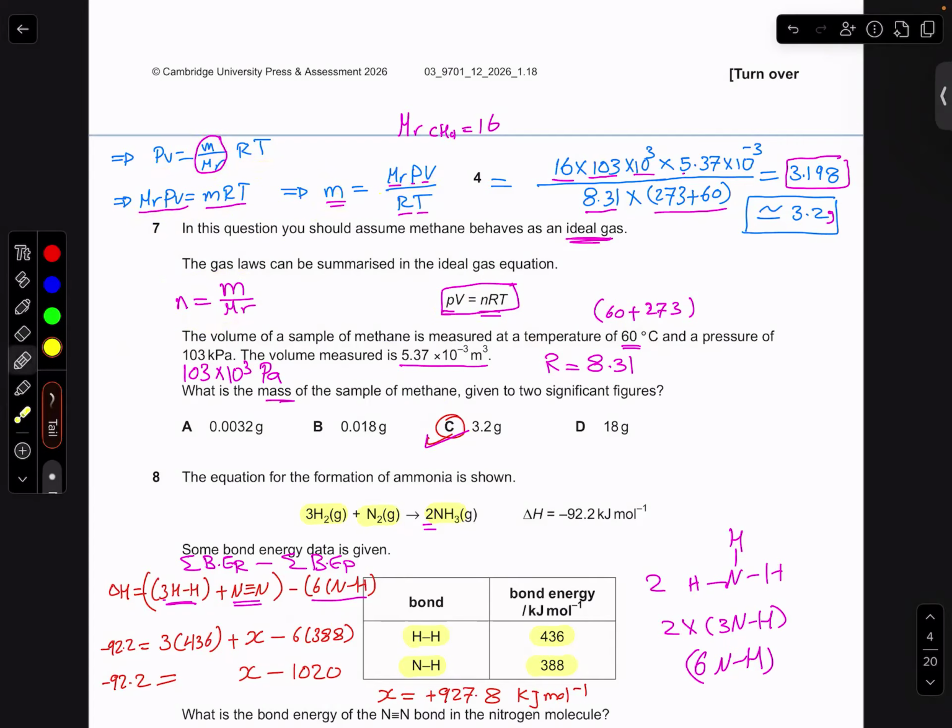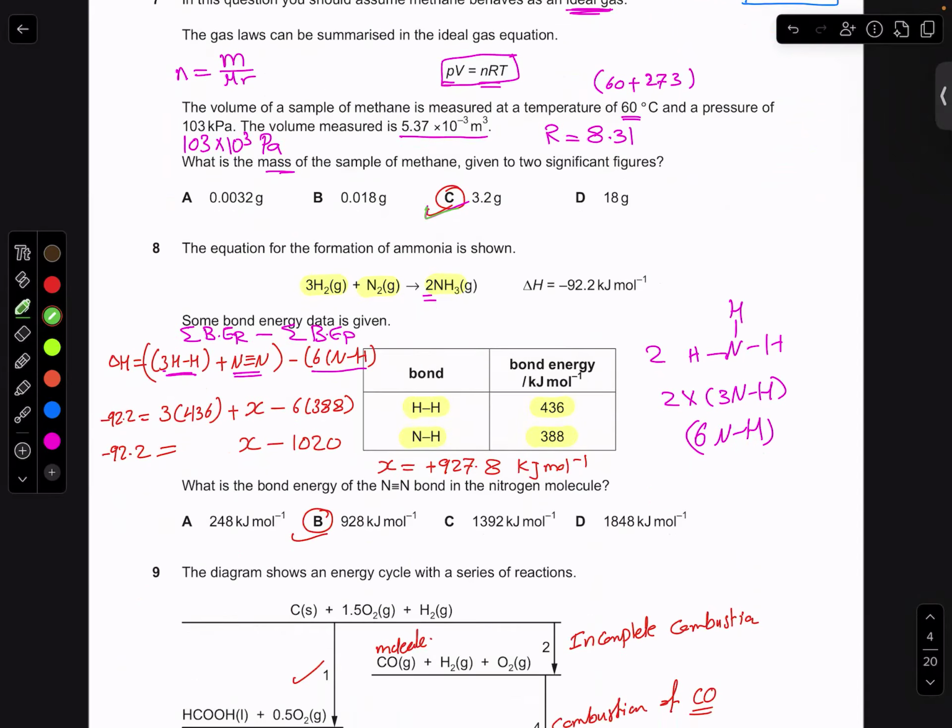Just substitute: 16, which is the Mr of methane, times 103 times 10 to the power of 3 times the volume, which is 5.37 times 10 to the power of minus 3, over R, 8.31, times T in Kelvin, equals 3.198, which is equal to 3.2 grams. So the answer is C.